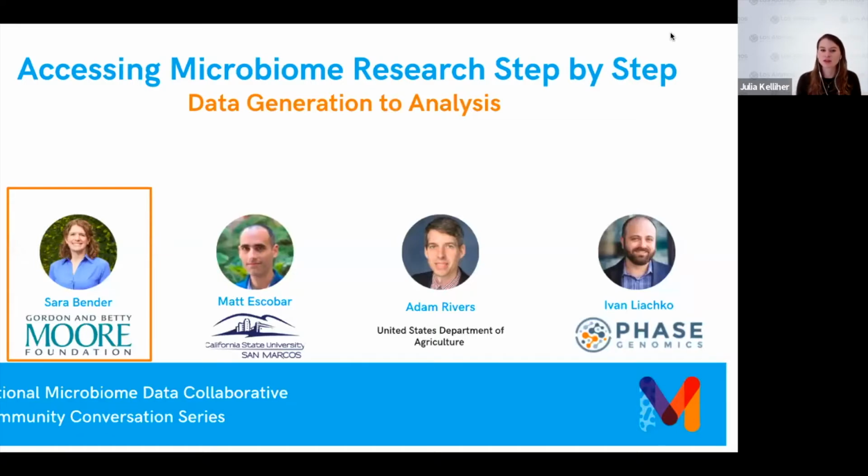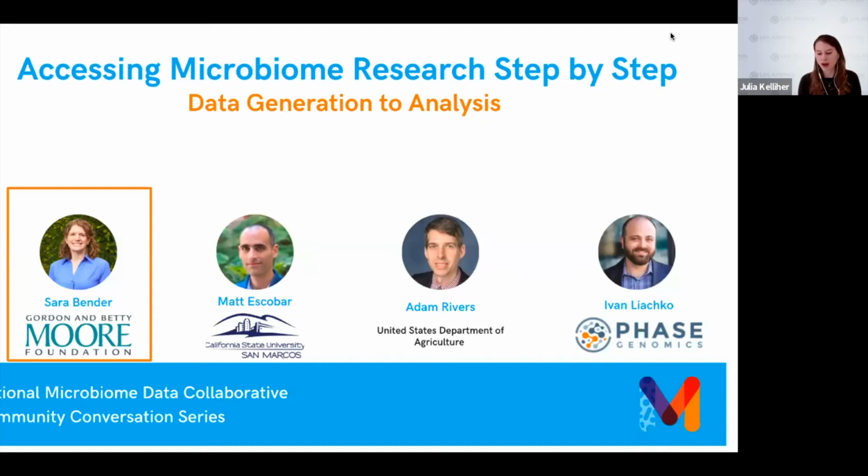So I'll just introduce all of our panelists first, and then we can go through all 4 of their presentations. So we're going to start with Sara Bender. Sara is a program officer at the Gordon and Betty Moore Foundation, who will be discussing foundation-based funding for multi-omics. And then we have Matt Escobar with C-SUPERB, who will be talking about education-based partnerships, such as the JGI CURES partnership.